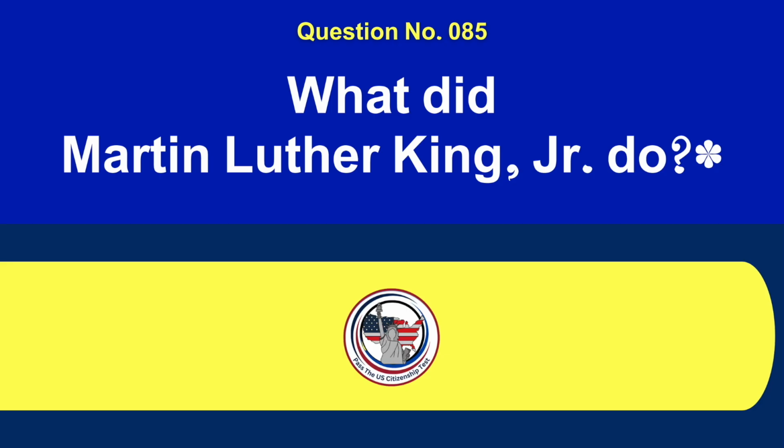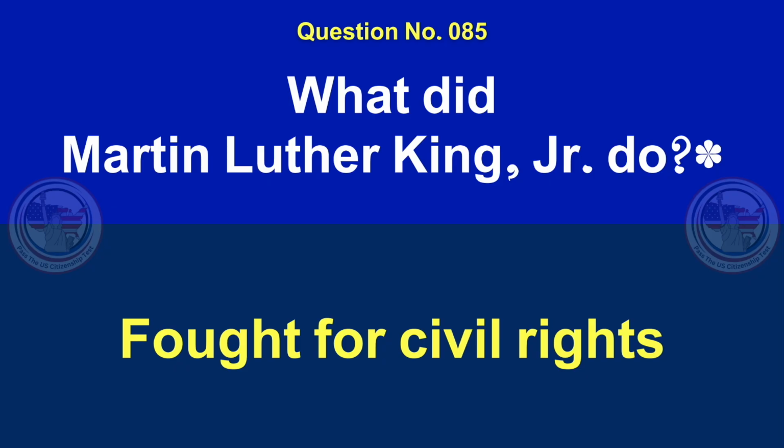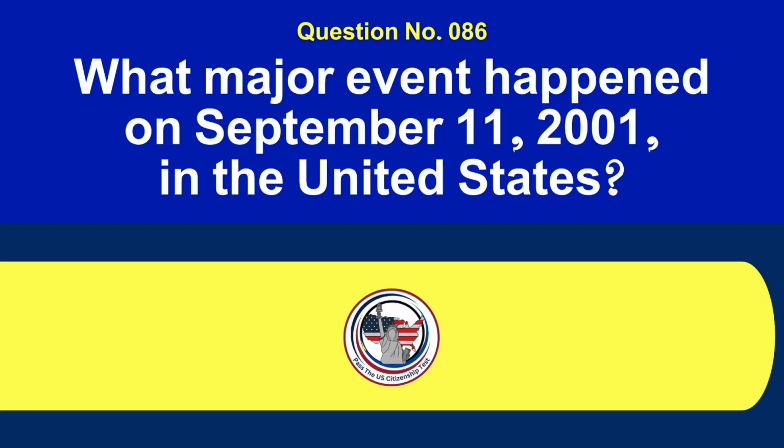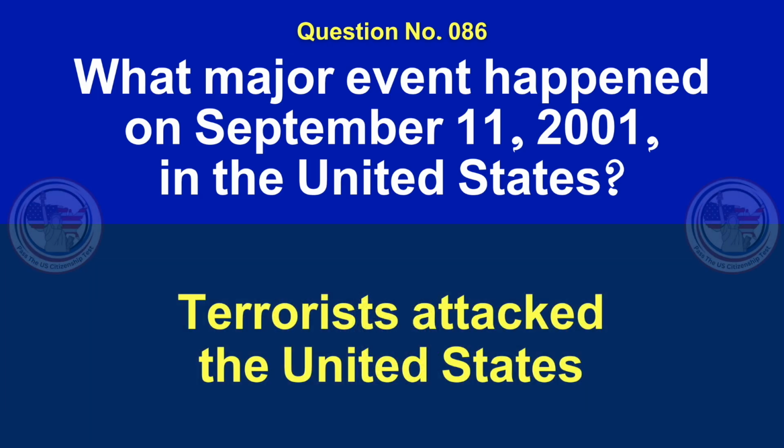What did Martin Luther King Jr. do? Fought for civil rights. What major event happened on September 11, 2001 in the United States? Terrorists attacked the United States.